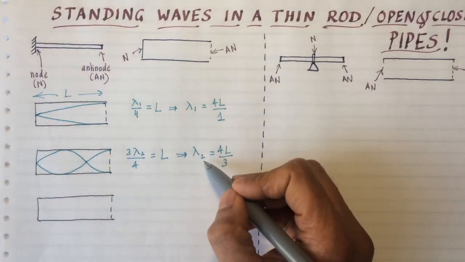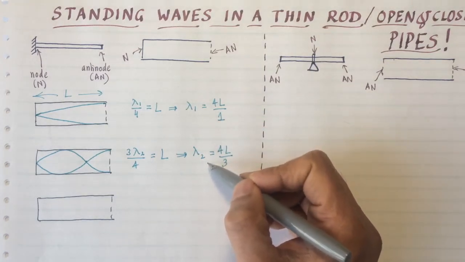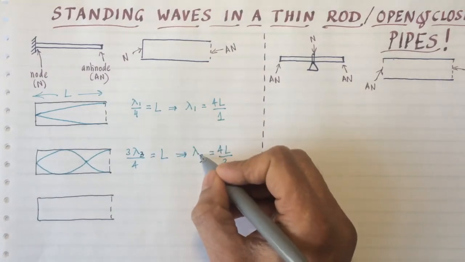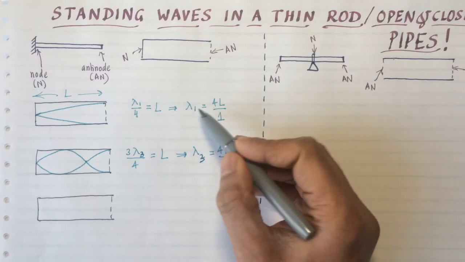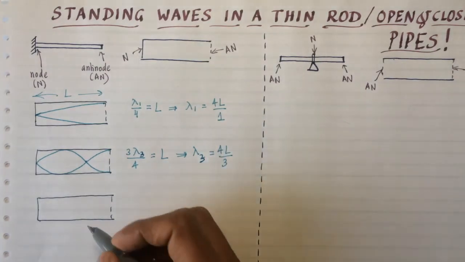When I say 2, I mean the second thing that occurs. But it might probably be better for me to call this lambda 3, in view of our final result, because this 1 and 1, 3 and 3 will match up.